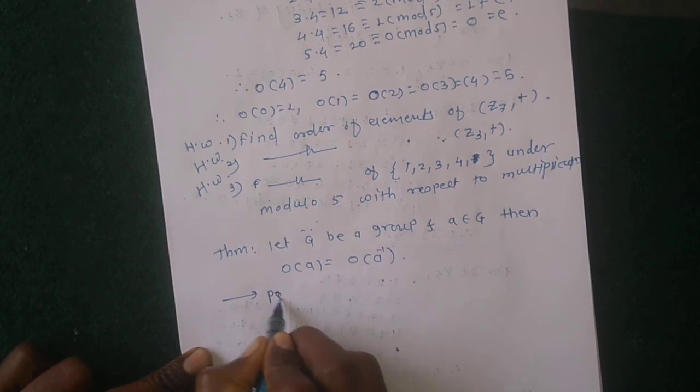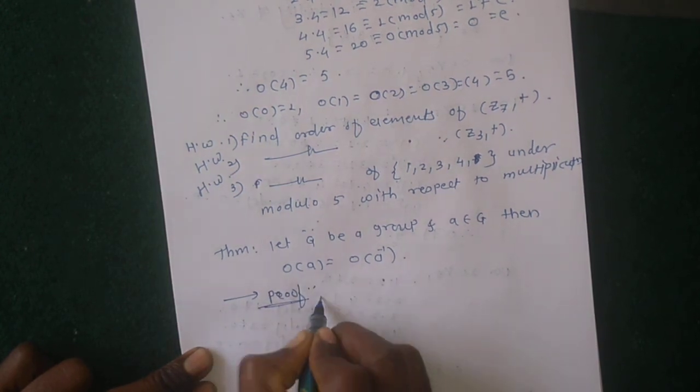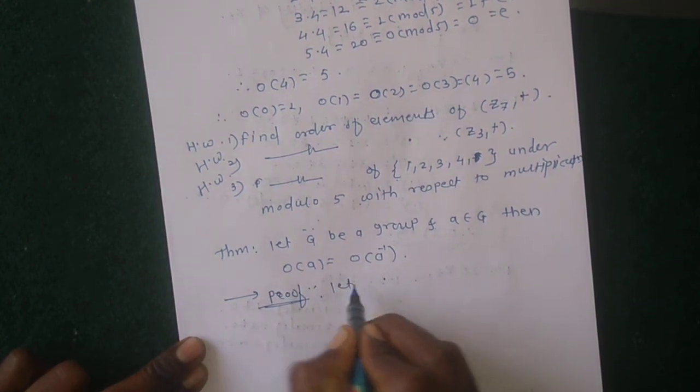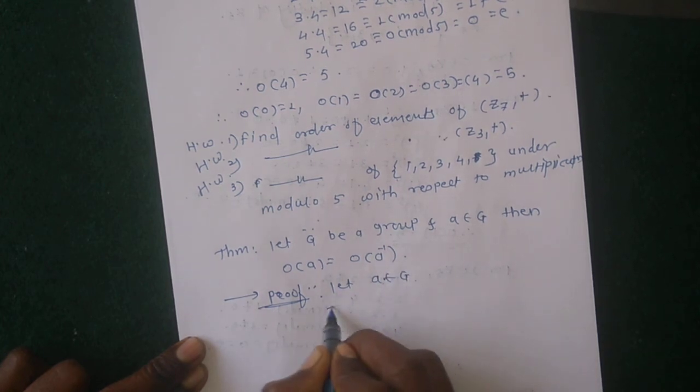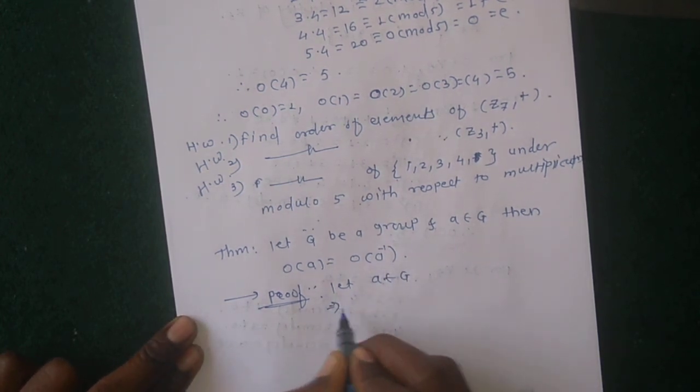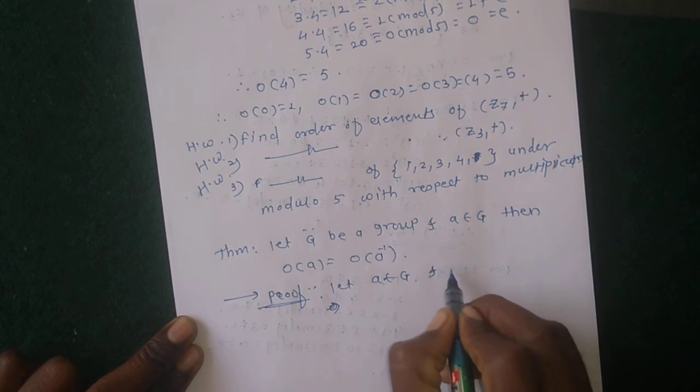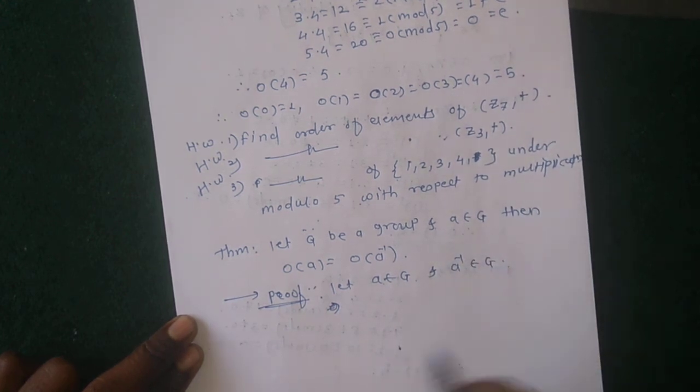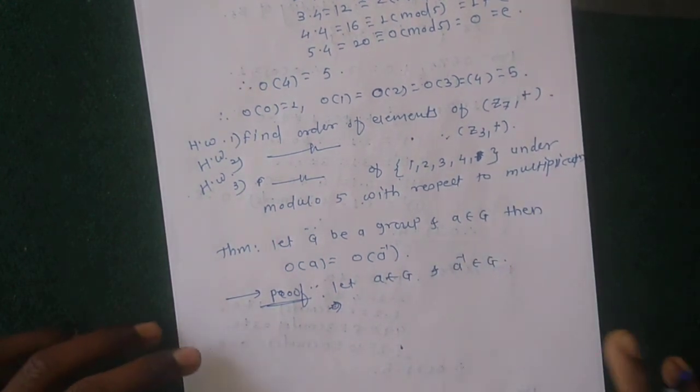Proof. This is a simple proof. Let A belongs to G, which implies that A belongs to G and A inverse also belongs to G, because G is a group.